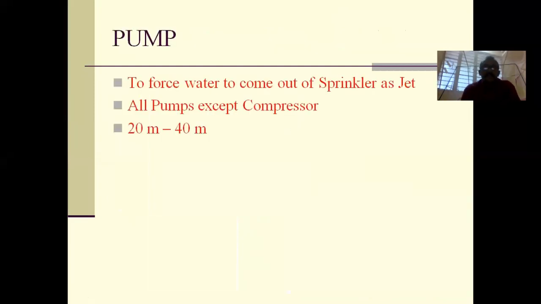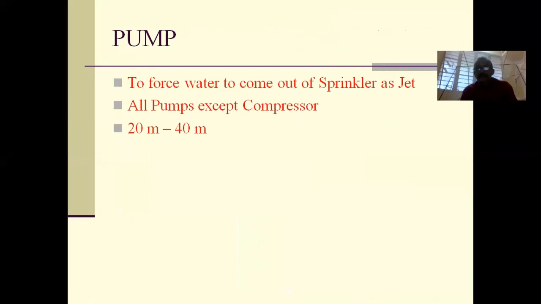We will see the components that are needed in sprinkler irrigation system. The first and foremost component which is needed in sprinkler irrigation system is pump. Why is pump needed? Pump is needed to force water to come out of sprinkler as a jet.